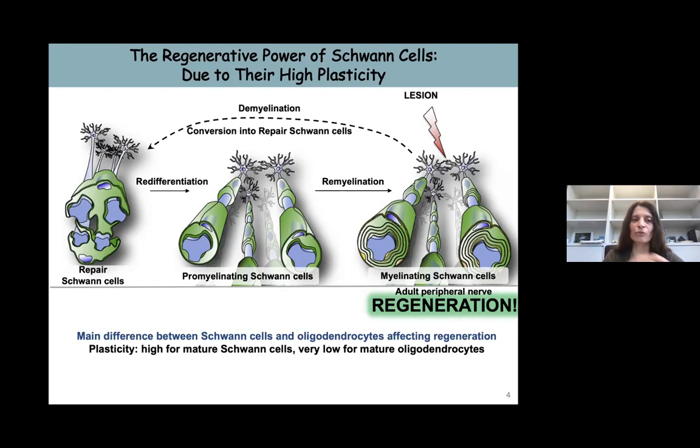So axonal regrowth is blocked by the myelin of those oligodendrocytes. This is one of the main reasons why the CNS does not regenerate efficiently, whereas the PNS can regenerate very well. So in my lab, we are very interested in understanding the mechanisms that control the different plasticity of Schwann cells and oligodendrocytes.